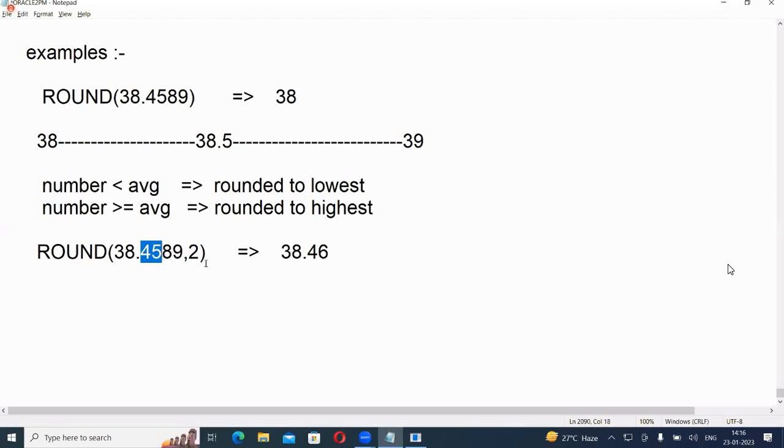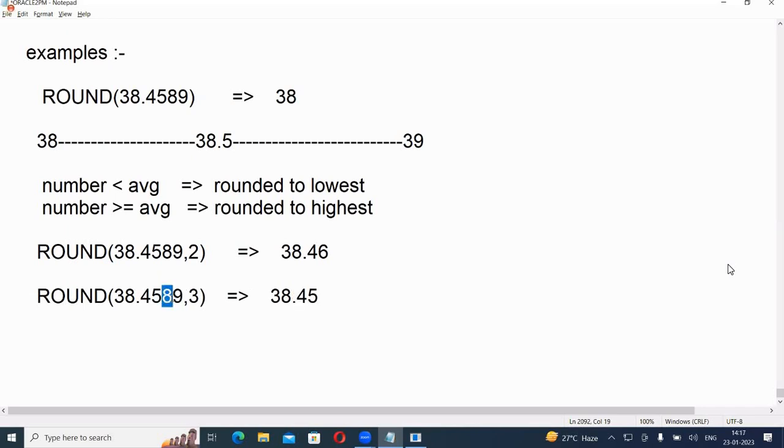Then if I say 3, round off 38.4589 comma 3, then 38 point what? 38.45, actually 4589.